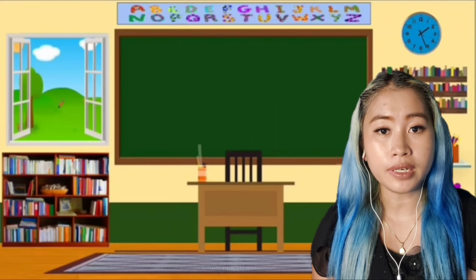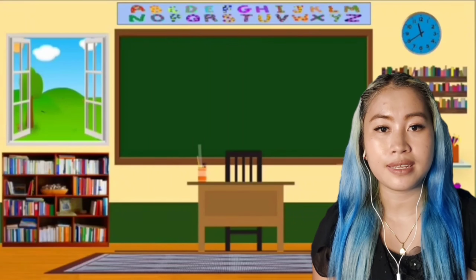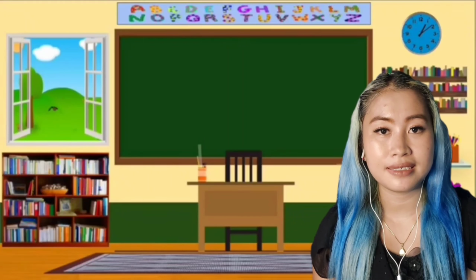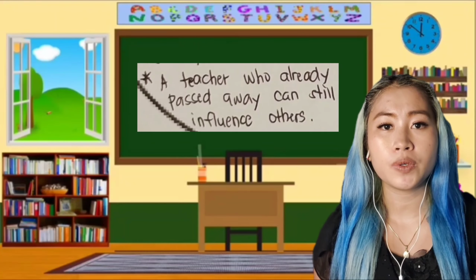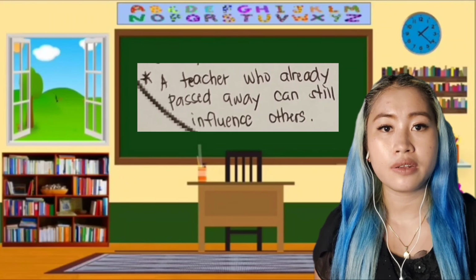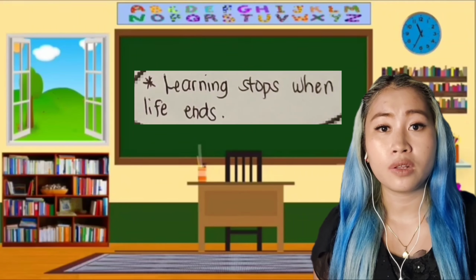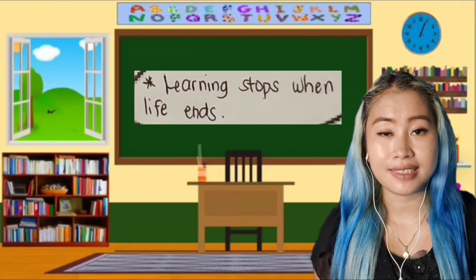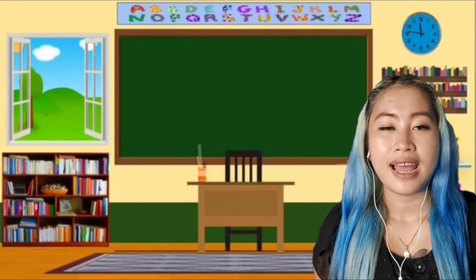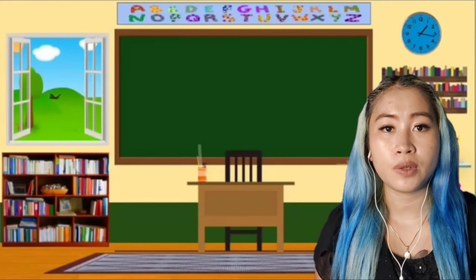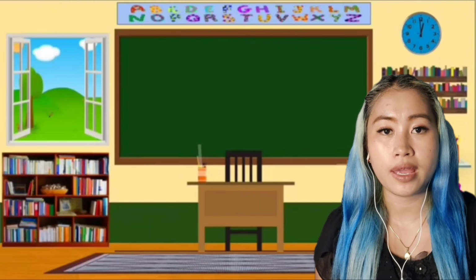As compared to learners, the teachers possess higher authority. For the last bullet of comparison, a teacher who already passed away can still influence others, while learning stops when life ends. Learning is possible until our last breath. As for teaching, people can still learn from the teachings of someone who has already passed away.